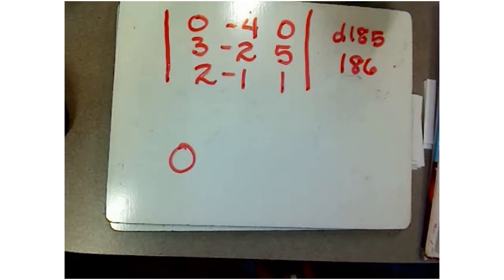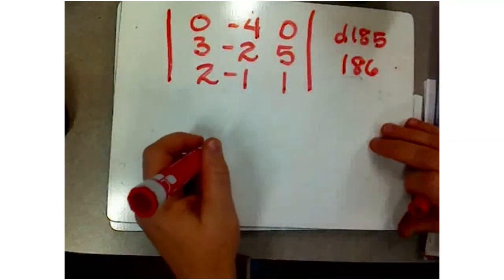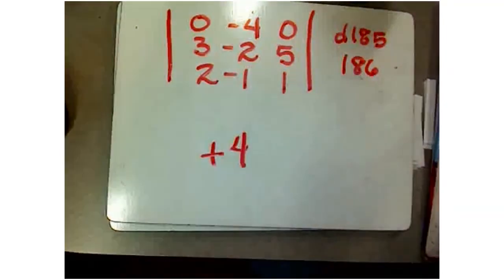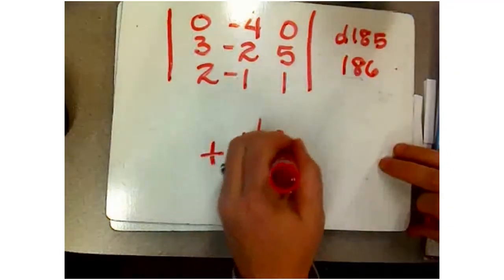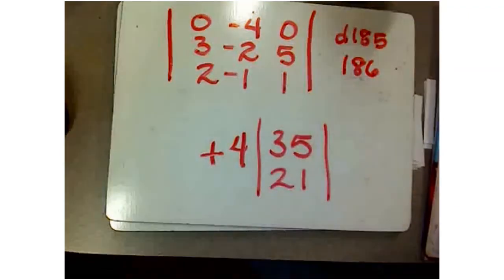So we do know we need to minus this, don't we? We have to minus a negative 4, which just means that it's positive, right? 0 plus 4. And what is our minor of that element? 3, 5, and 2, 1. Good. What is the determinant of that? 3 times 1 minus 5 times 2.